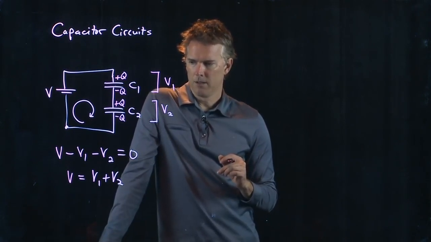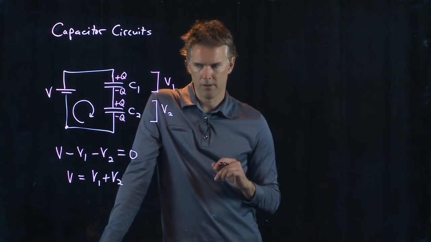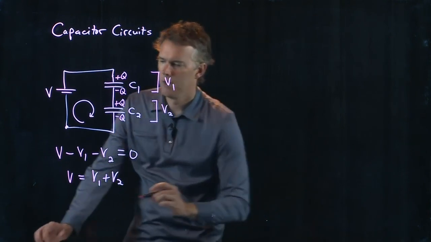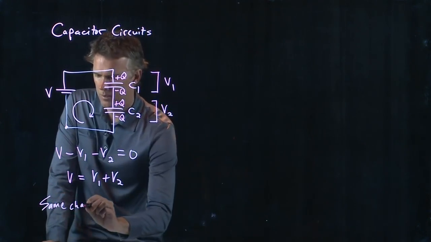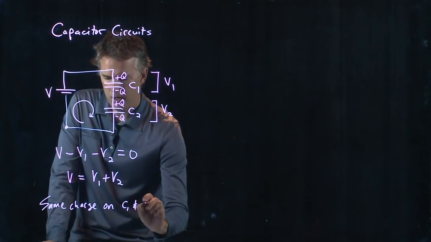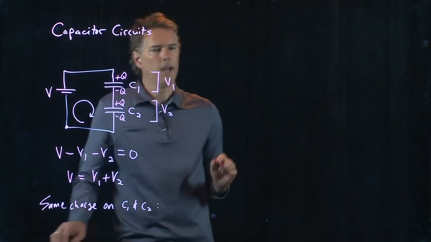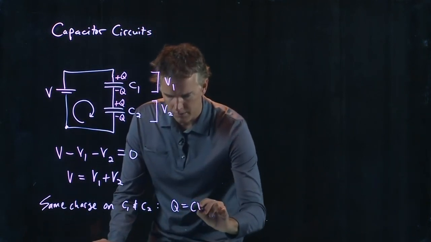But these things have the same charge on each capacitor, and there is a relationship between charge and voltage. The same charge on C1 and C2, and we know what that is: Q equals CV.